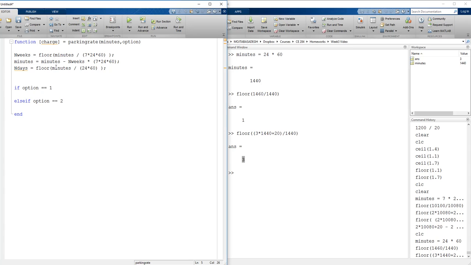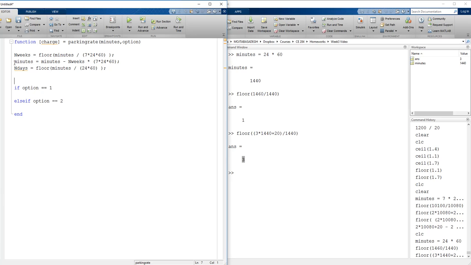so this is the minutes left, right? So we updated the minutes here, and then we want to remove the number of days from those minutes now. So minutes divided by 24 hours, each hour is 60 minutes, so this is the number of minutes within each day. This will give me the number of days. Perfect.